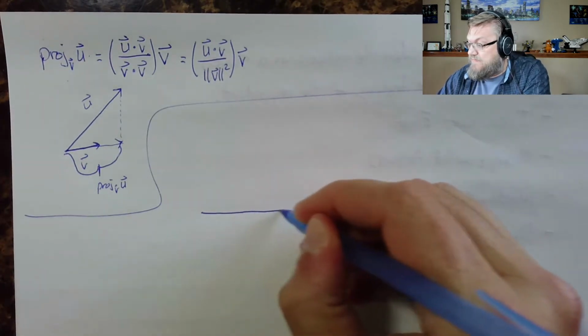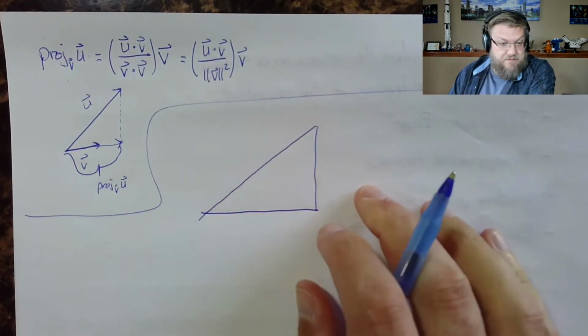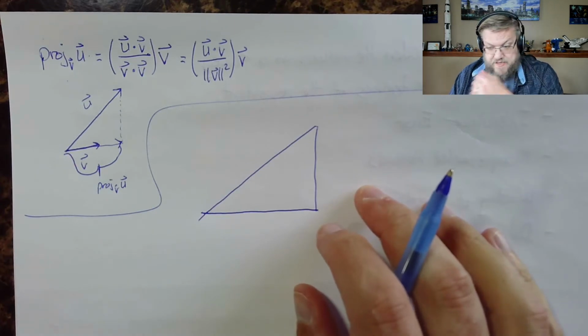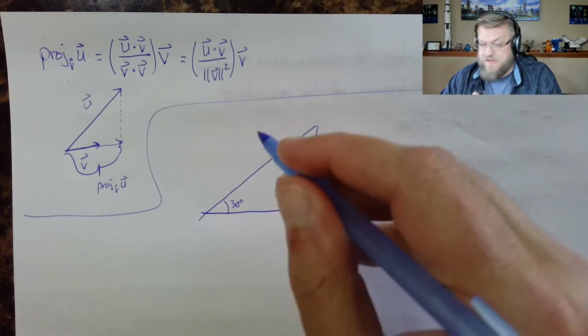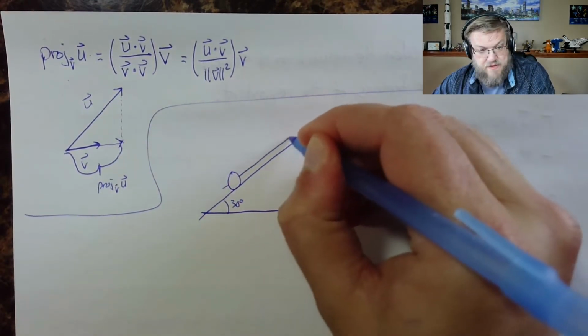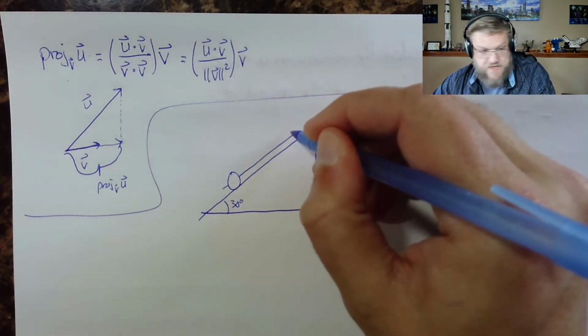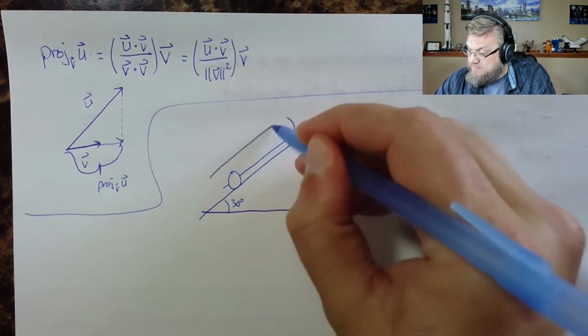We have an incline here, and I have a 600-pound boat, and it sits on this ramp inclined at 30 degrees. Here's another awful picture of a boat coming up. I'm just literally copying this, and I still can't draw a boat.